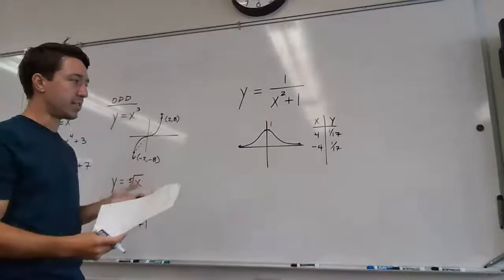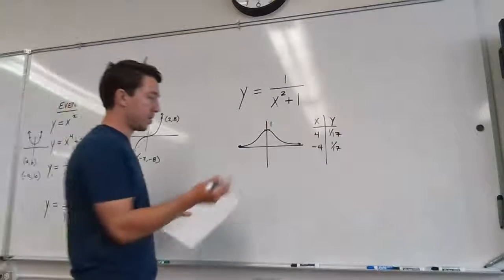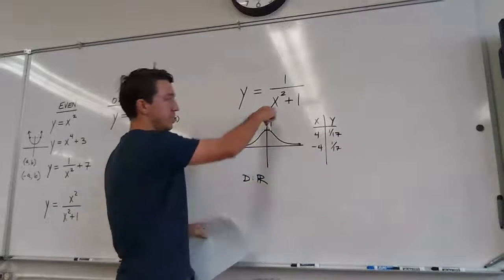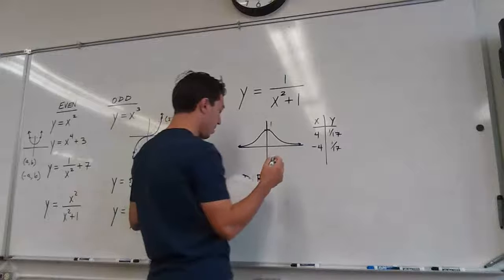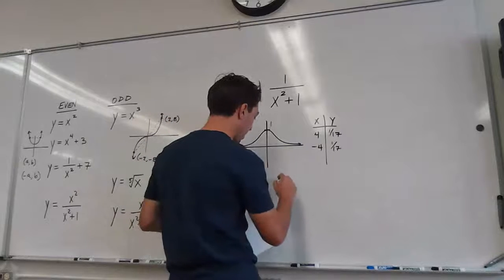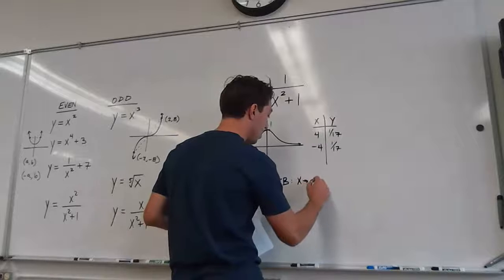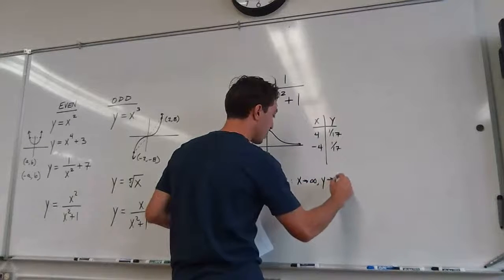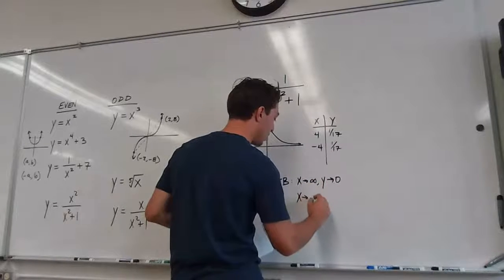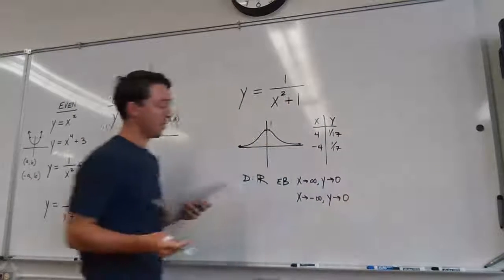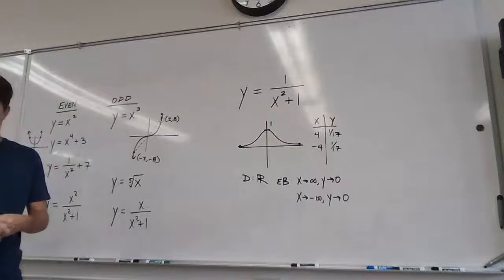On this problem, I've asked you to do the domain and the end behavior. The domain is all reals, of course, because this denominator can never equal 0. And then the end behavior: approaching 0 as x approaches infinity, and approaching 0 as x approaches negative infinity as well.